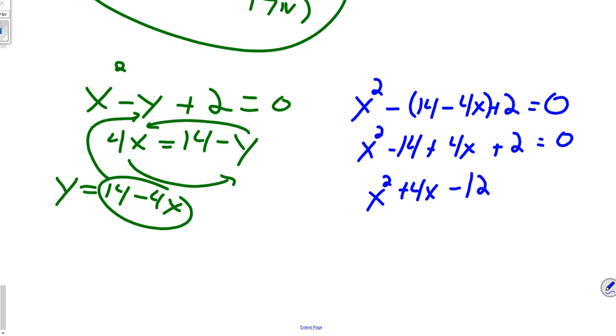Yes. Negative switches everything. That's the hardest thing in math. Because this was positive 14. Right? Positive 14 minus 4x.